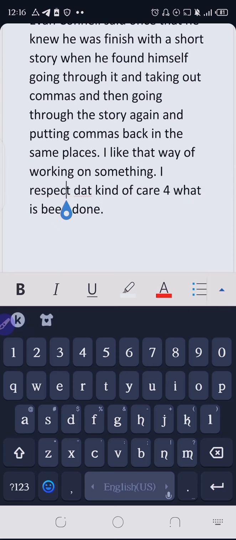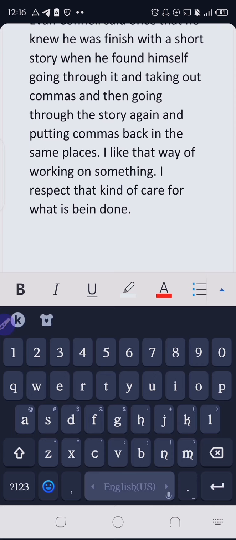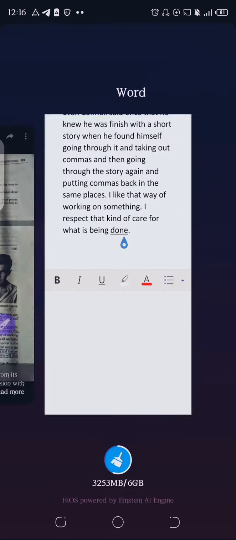That kind of care for what has been done, for what is being done. No, I like that kind of care for what is being done, not in the past tense, but this is actually talking about a reality. So it's to be in the present continuous, being done. So let me show you this.